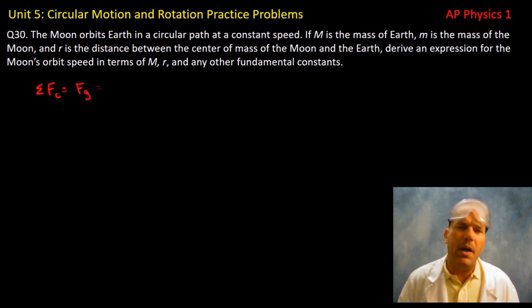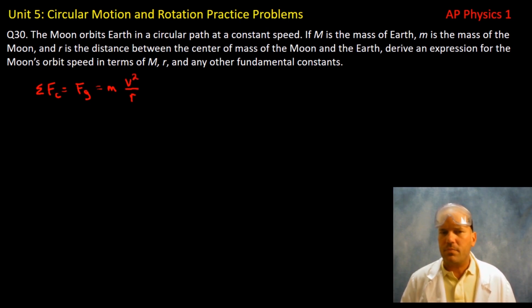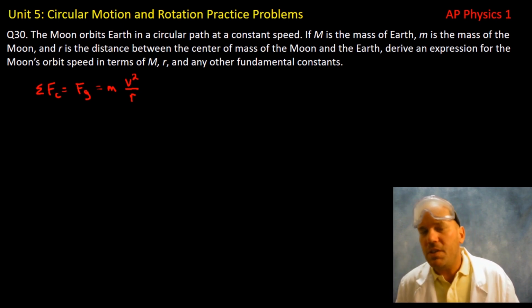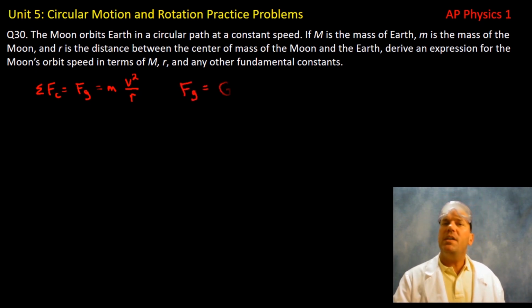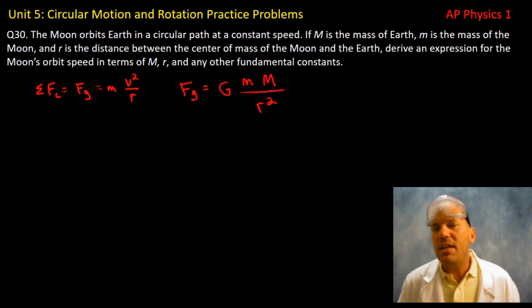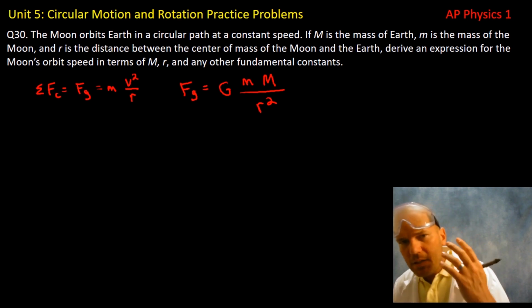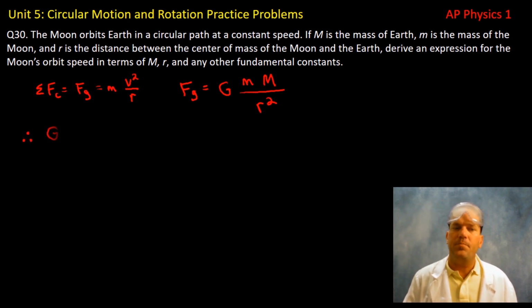So in this problem, the first of many, we're going to say, okay, force of gravity is equal to mass times tangential velocity squared divided by r, or the centripetal acceleration. Then we're going to use the universal law of gravitation for the force of gravity, and we're going to set that equal to mass times the centripetal acceleration.